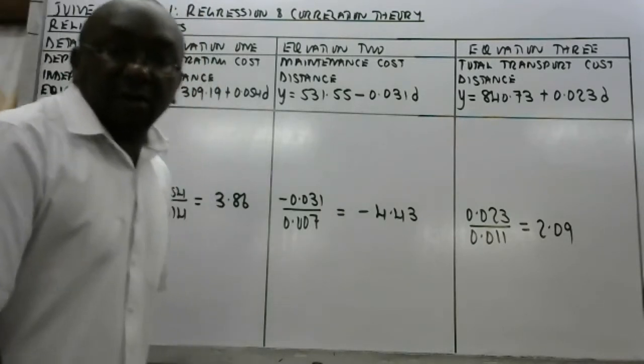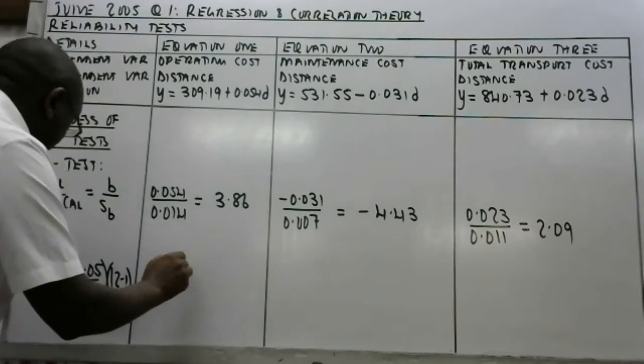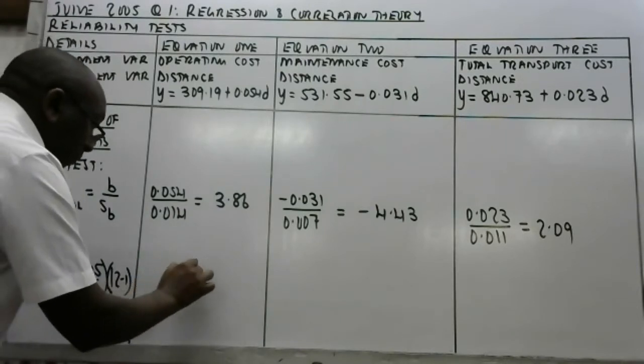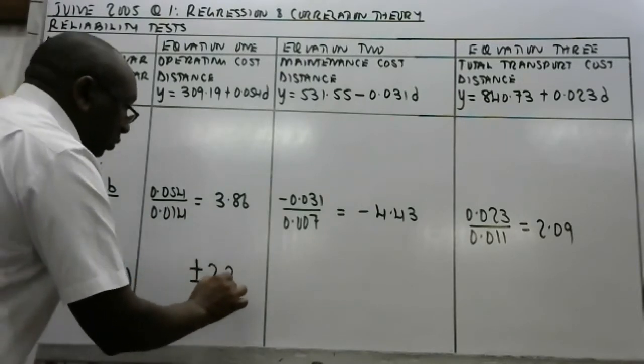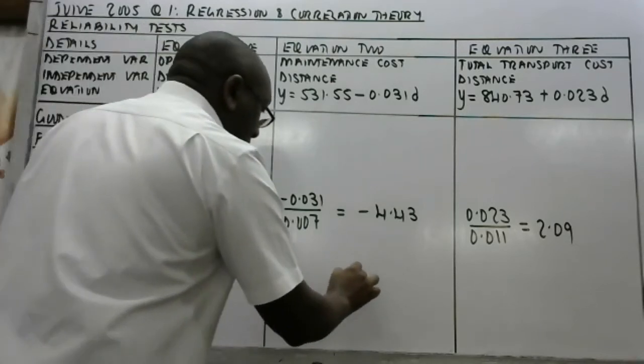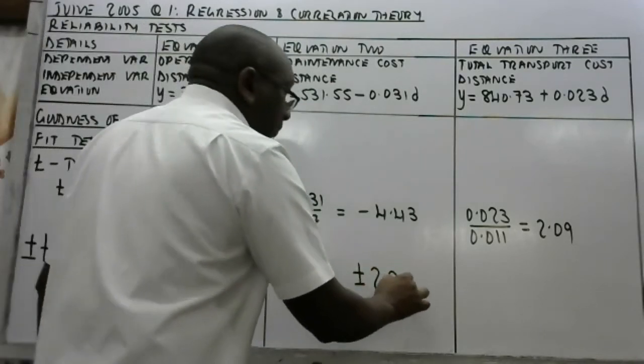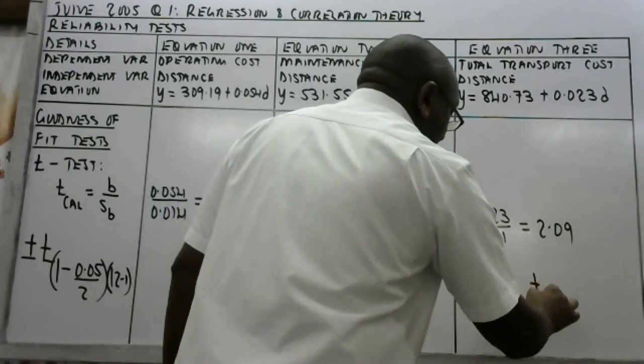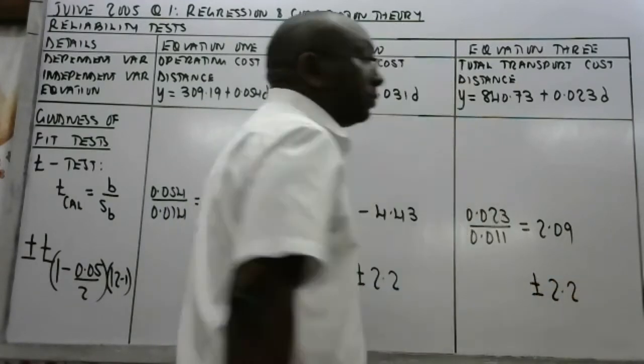Good. Manuel confirmed. So let's go by that. So now that is written plus or minus 2.2. Here you write plus or minus 2.2, plus or minus 2.2.